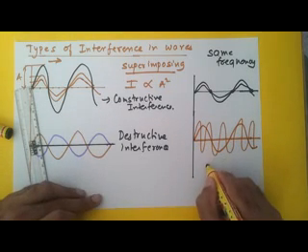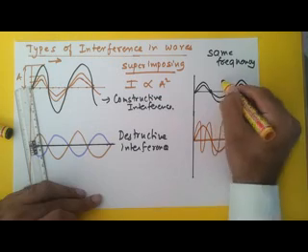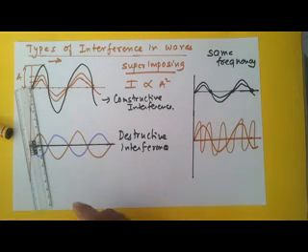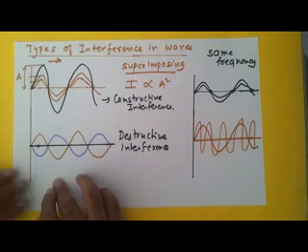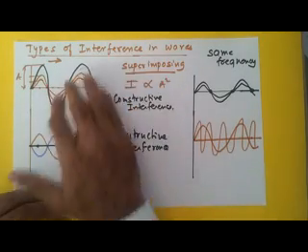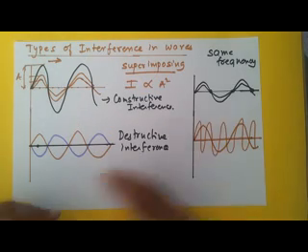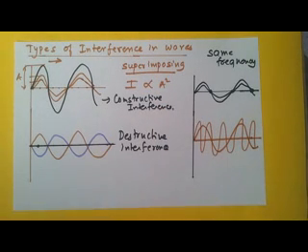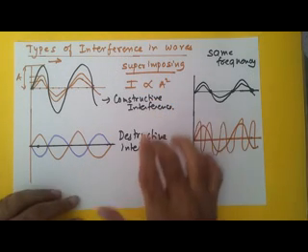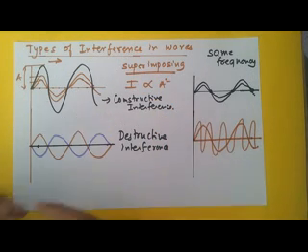So these two do not have the same frequency, whereas here we have the same frequency. For the sake of simplicity, we have considered waves of the same frequency to help us understand what is constructive and what is destructive interference. In the next video, we will look at the math aspect of constructive and destructive interference and the conditions under which these two interferences occur.